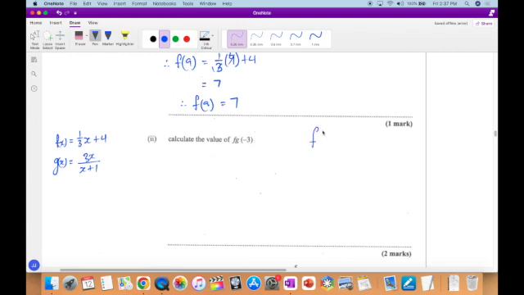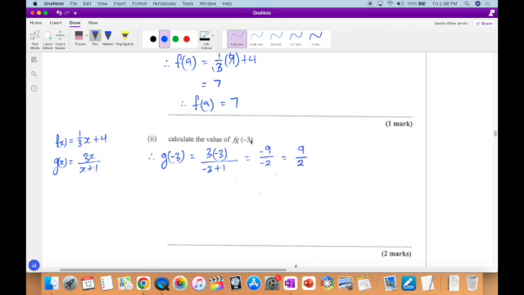So this is the f of the g of negative 3, right? So we'll find the g of negative 3 first, and then put that into the f function. So therefore, the g of negative 3 will be 3 times negative 3 divided by negative 3 plus 1, which is negative 9 divided by negative 2, which we could leave as 9 on 2.